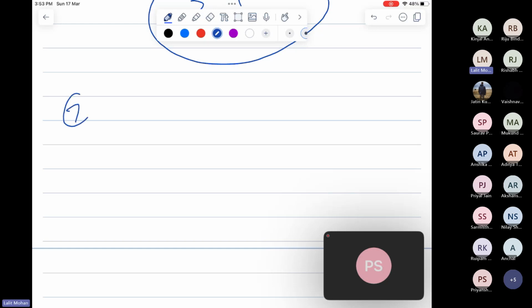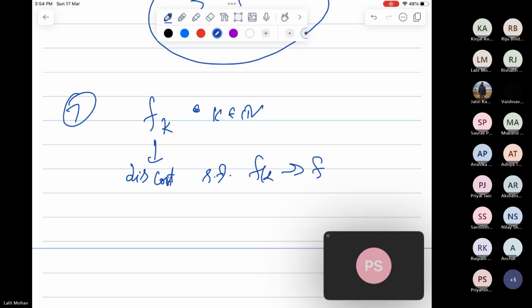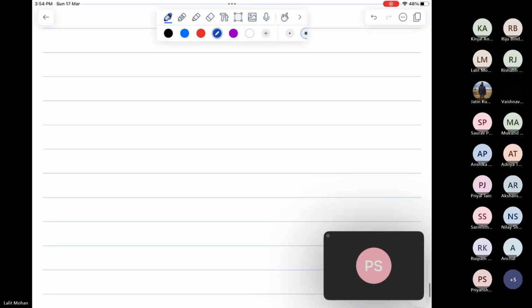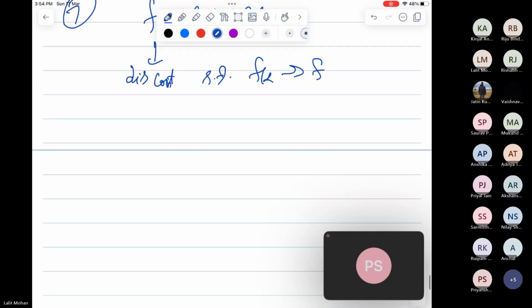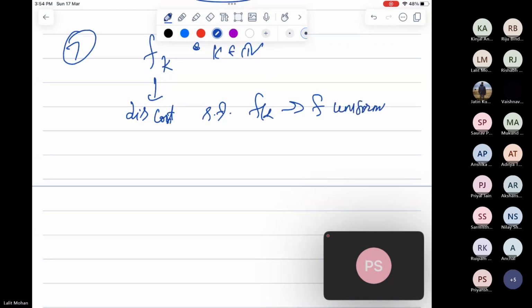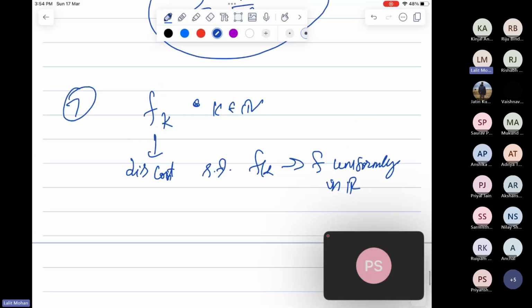So the seventh question, we have to give f_k discontinuous where k belongs to N, such that f_k converges to f uniformly in R. We have to construct a family of discontinuous functions, means f1, f2, f3, f4, f5, all are discontinuous at some point.